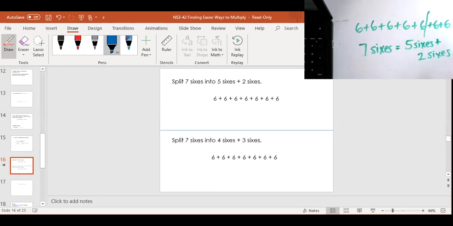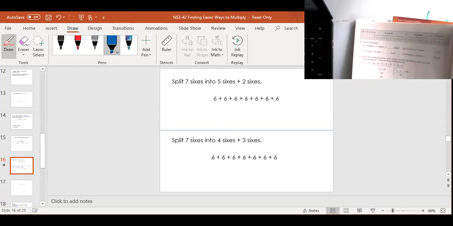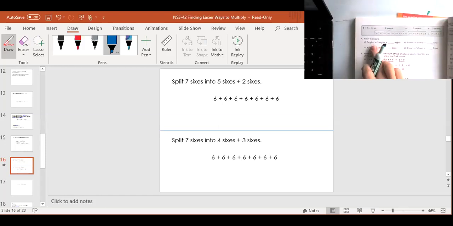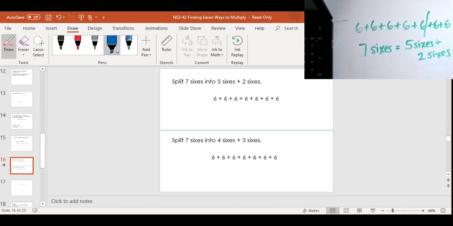Okay, that's all they're doing here. And that's what they're showing you here. So they've got 7 8s instead of 6s is the same as 5 8s plus how many more 8s to make 7? 5 and what makes 7? And you put that there. Okay, so that's what they're doing here. They're just showing you this.